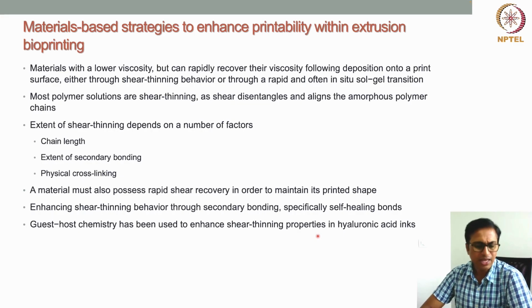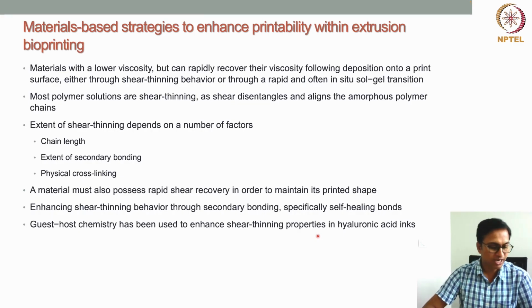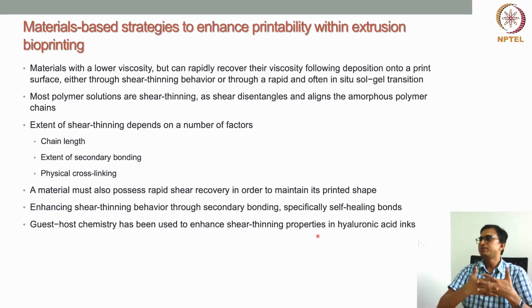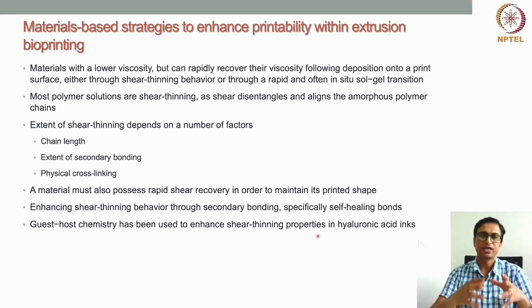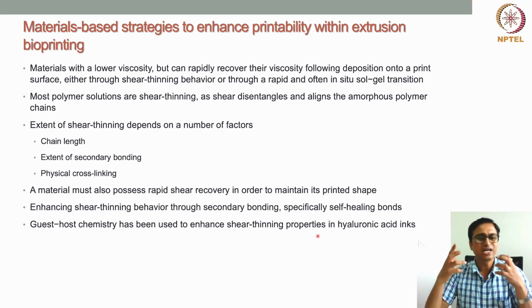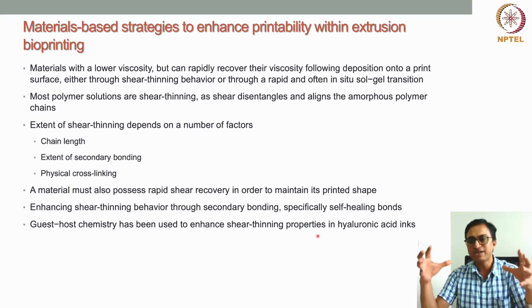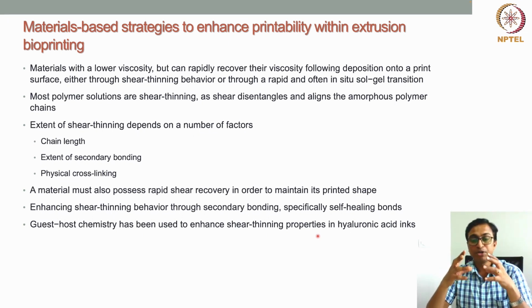So these two strategies are mostly used for enhancing printability with extrusion based bioprinting. And most of the polymers for extrusion based bioprinting are of this category. They are shear thinning in nature. As we have discussed earlier, these polymers mostly have long chains. These long chains get entangled with each other, and there are other kinds of intermolecular interactions between the polymer chains. That basically forms a network, and because of the network, the material behaves like a highly viscous material.